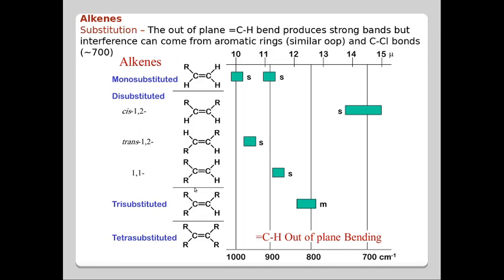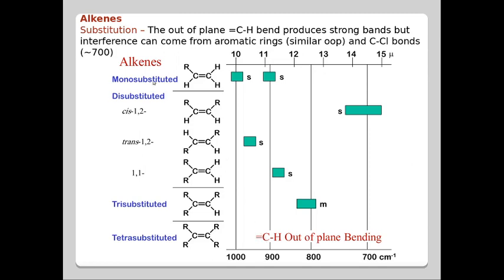In order to get a conclusive idea about the kinds of substitution, and how these different types of substitution influence the vibrational frequencies of the carbon-carbon double bond and its CH out of plane bending vibrations, consider these bands, which usually give us the range in which the carbon hydrogen out of plane bending vibration can show up its peak in an alkenic system.